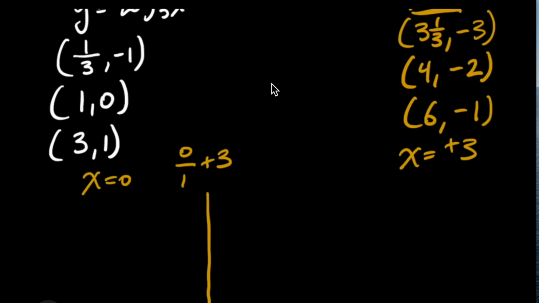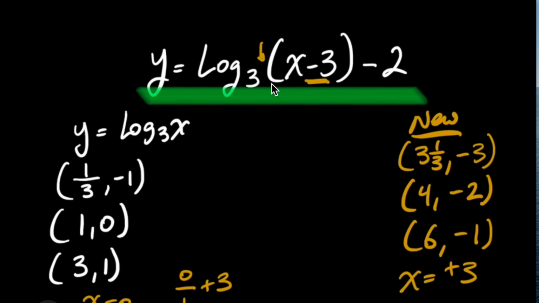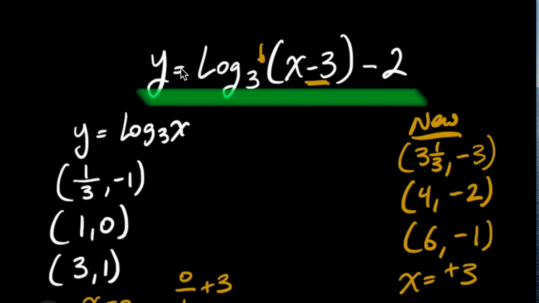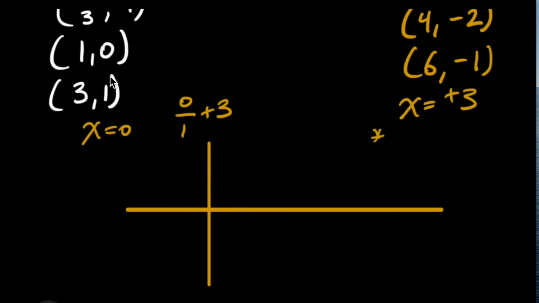Let's go ahead, folks, and graph this now. Actually, I forgot to do the intuition. The intuition says that there's a positive sign out front, a positive sign associated with that x. So I anticipate this graph is going to head towards the first quadrant.